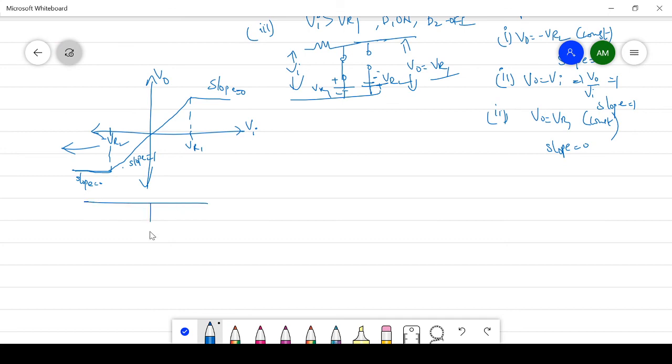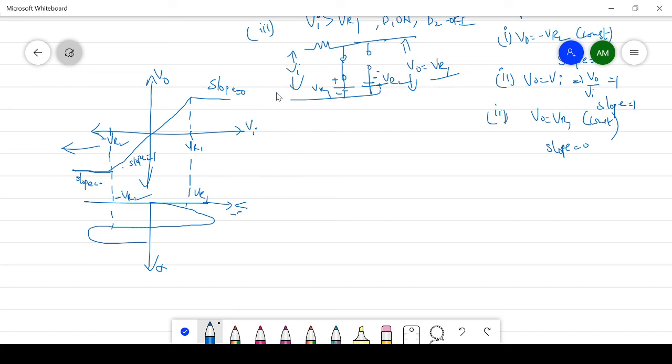In this section, for the actual input voltage, this is the positive reference voltage and this one is the negative reference voltage.